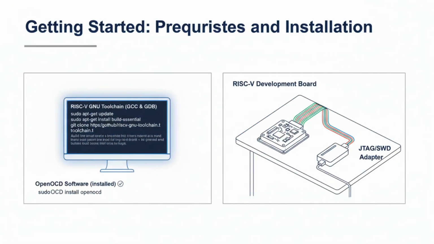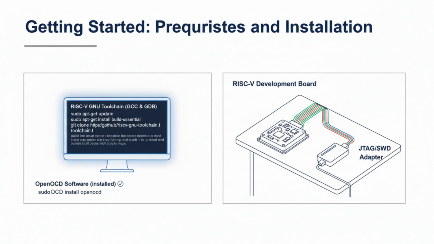Before we dive into configuration, let's ensure we have all the necessary prerequisites. First, you'll need the RISC-V GNU toolchain, which includes the compiler, GCC, and the debugger, GDB, specific to RISC-V. Next, of course, is OpenOCD itself, which you'll need to compile from source or install via a package manager.